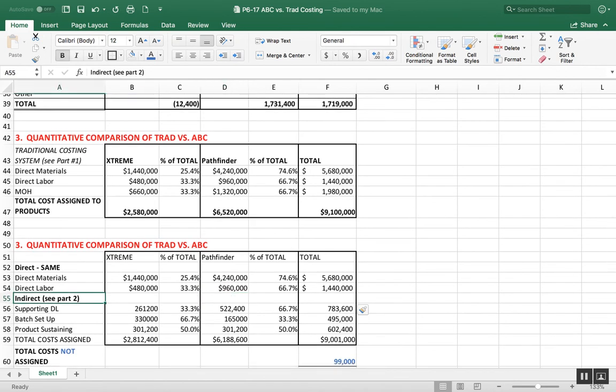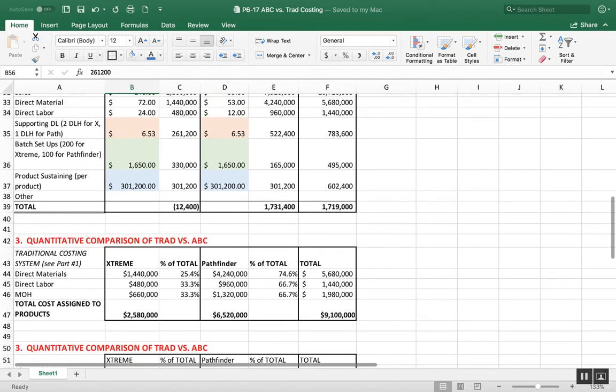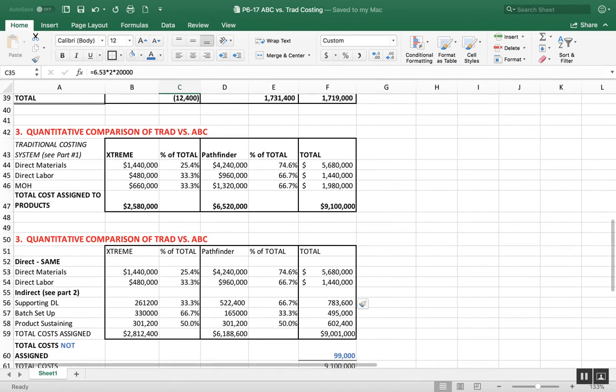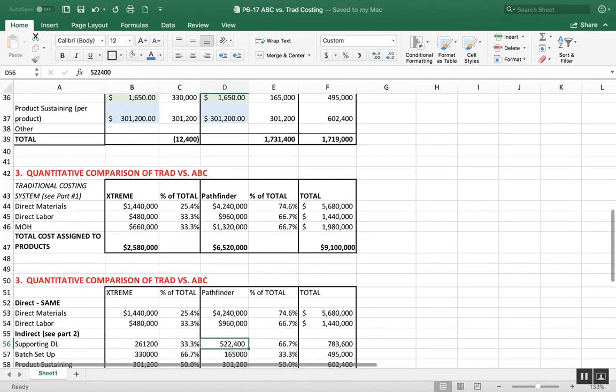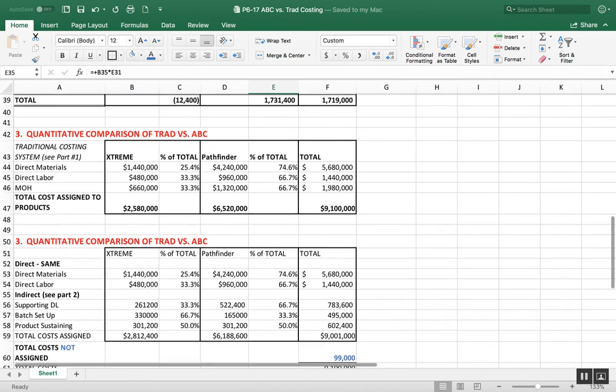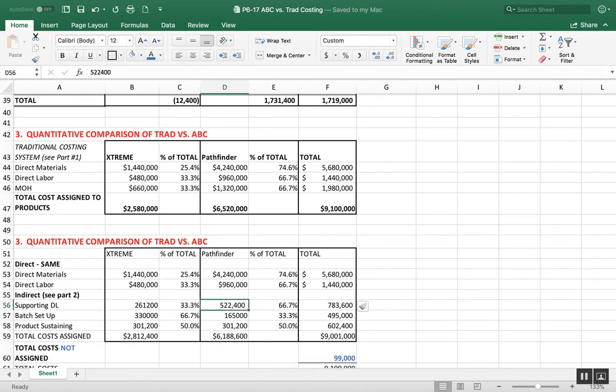Now the indirect costs, or those manufacturing overheads, those are our pesky ones, aren't they? So here I look at my supporting labor, which came from up here, right? And I just transferred it down here. Same with the batch setup and the product sustaining. And then I did the same for the Pathfinder. So you can see these numbers are represented down here, and they represent, in this case, 66.7%.